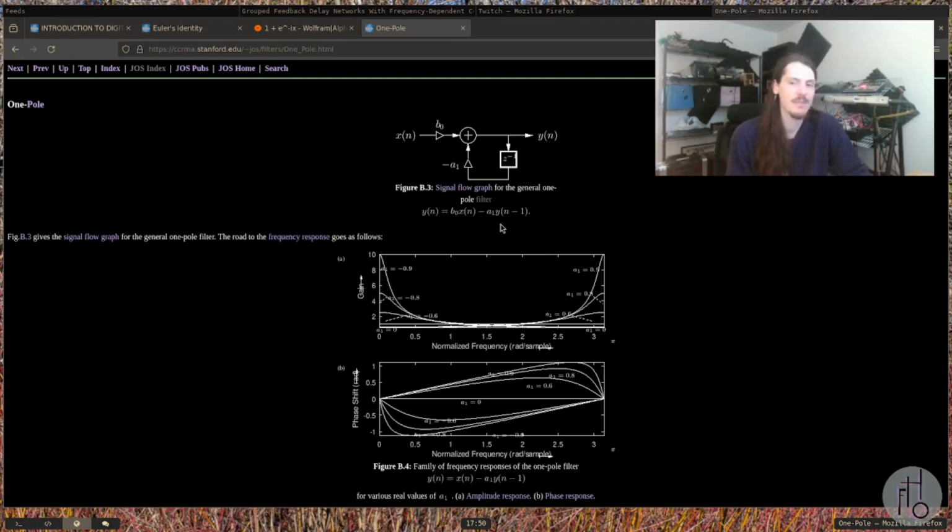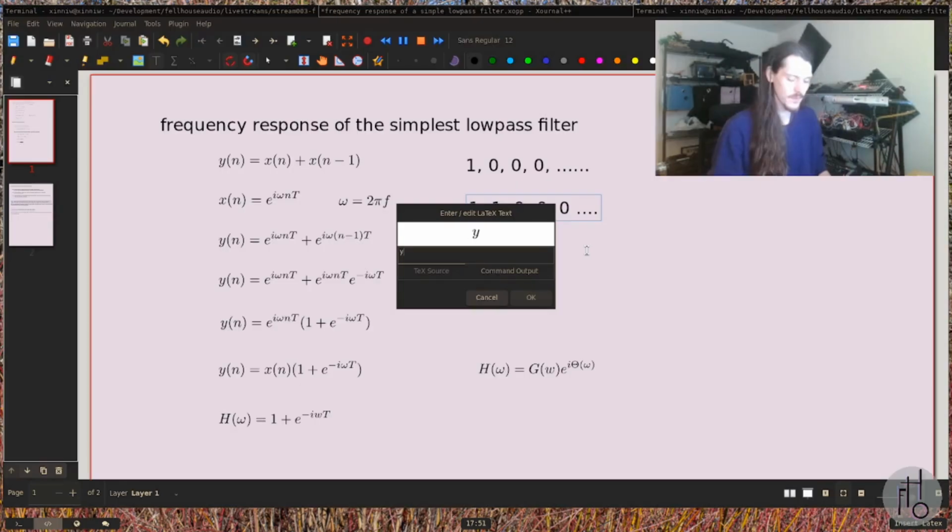If we play the same game where we feed it a signal that's 1 for the first sample and 0 everywhere else, we never stop coming out with non-zero numbers. y of n is equal to x of n minus 0.9 times y of n minus 1.